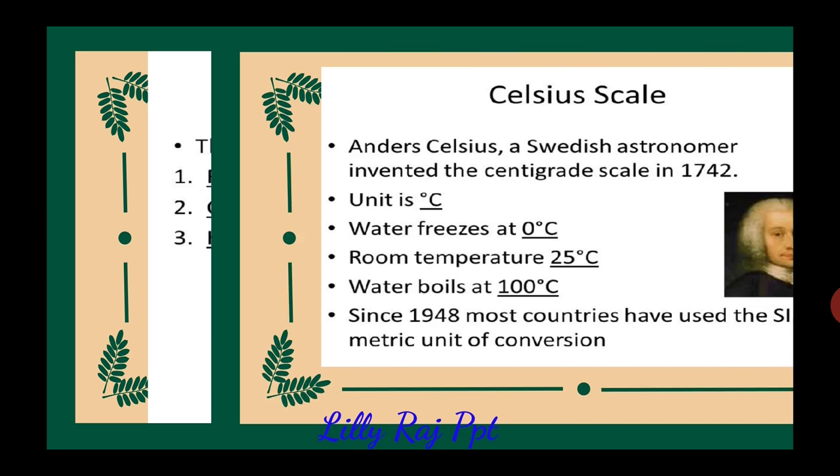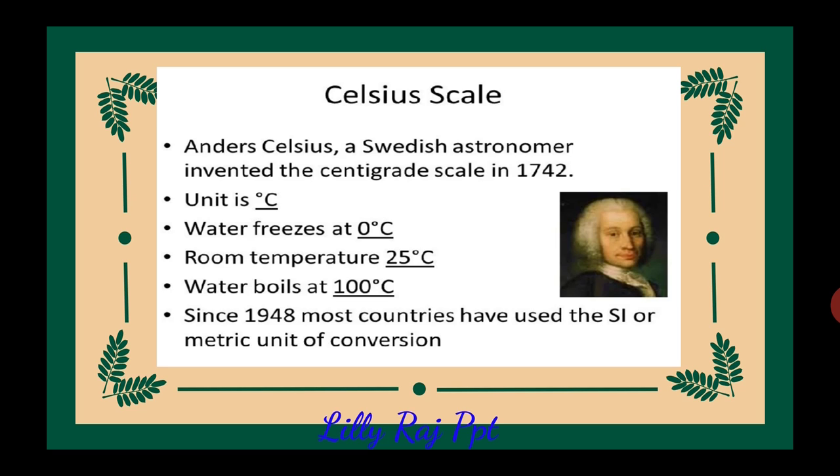So first we are going to learn about the Celsius scale. Celsius is the common unit of measuring temperature, named after the Swedish astronomer Anders Celsius. He invented the centigrade scale in 1742.